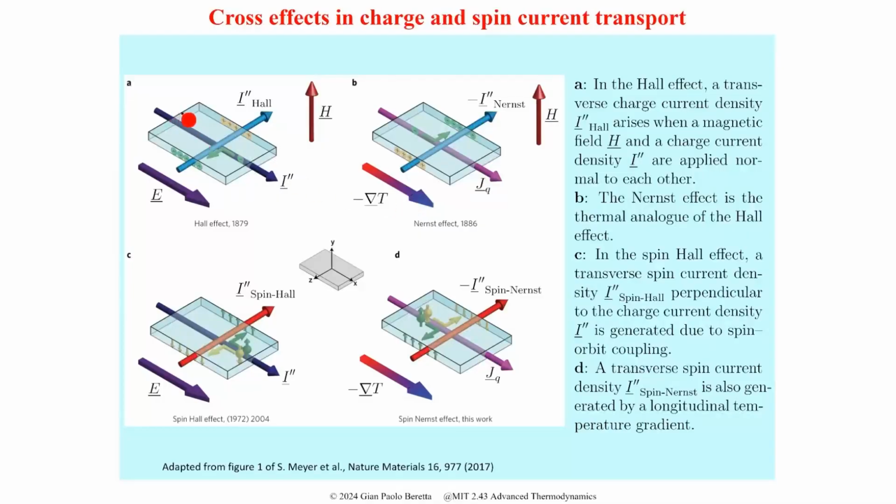If you have an electric field and an electric current in one direction, the magnetic field produces an electric current also in the orthogonal direction. This is the Joule effect. And Nernst does the same thing. Instead of having as driving force the electric field, you have as driving force the gradient in temperature, which we know drives an electric current, like we just saw, the thermoelectric effect. But in the presence of a magnetic field, it also drives an orthogonal current like the Joule effect.